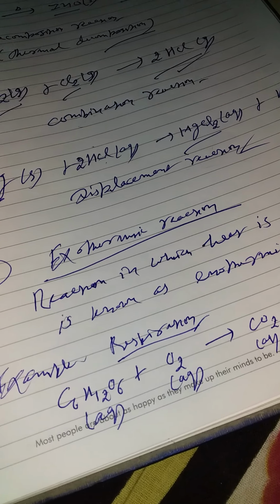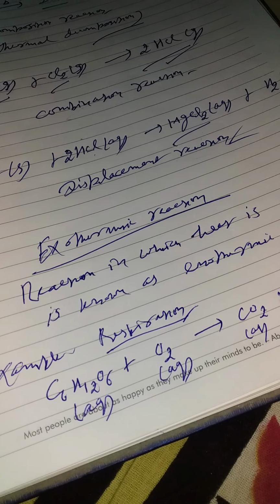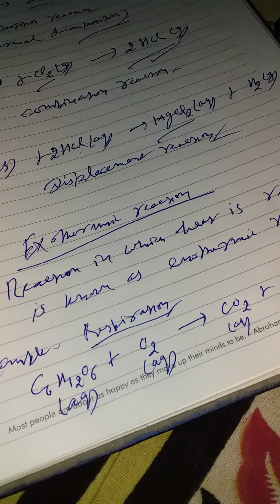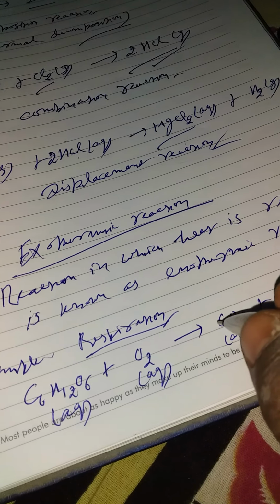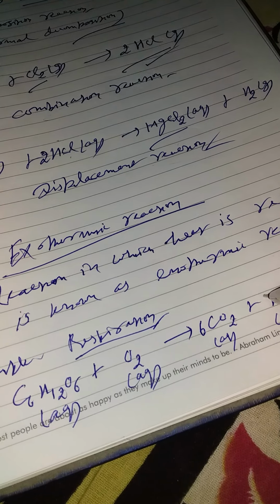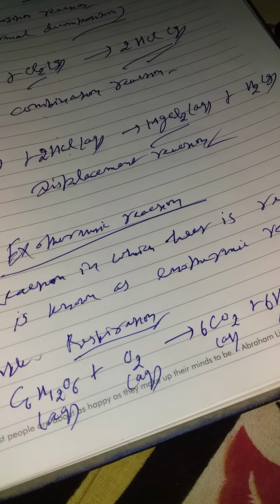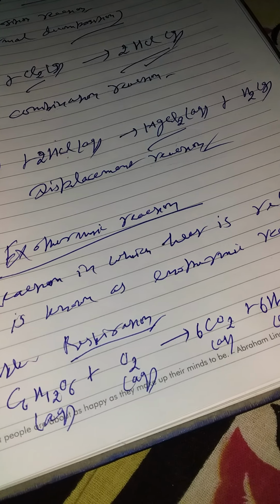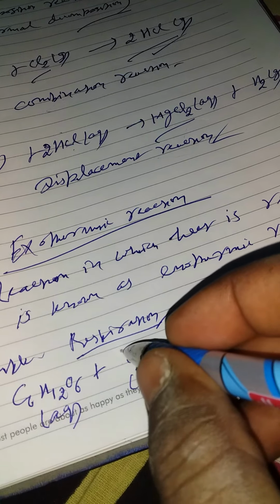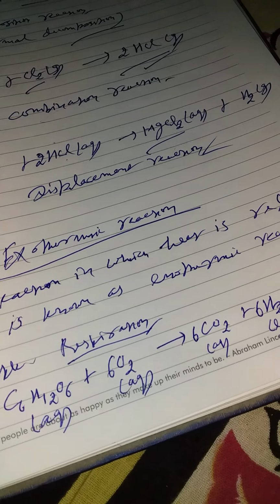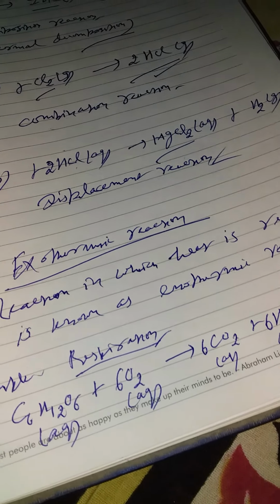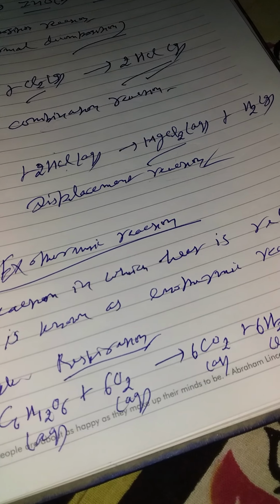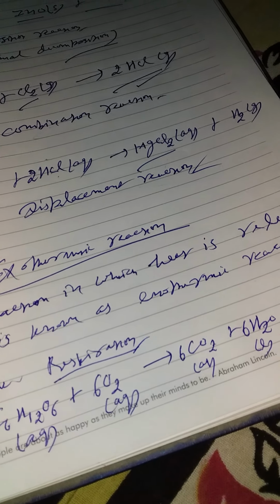Here we see that the number of carbon atoms is 6, here 1, the number of hydrogen atoms is 12, here 2, so here 6 CO2, 6 H2O, and the number of oxygen atoms: 6 2s are 12 plus 6 is 18, and 6 2s are 12 plus 6 is 18. This chemical equation is balanced. So respiration is an exothermic chemical reaction because in this process heat is released.